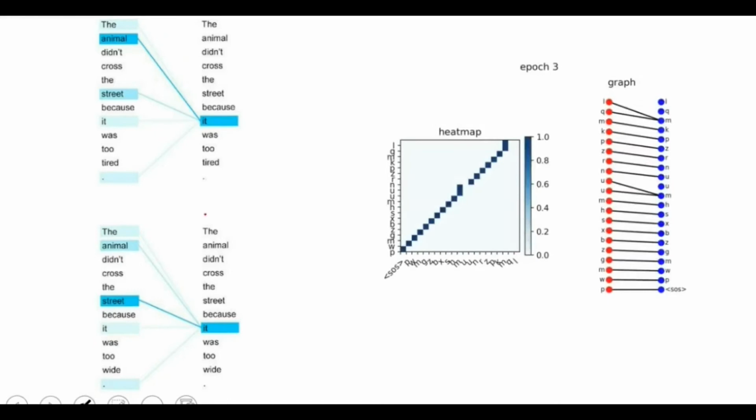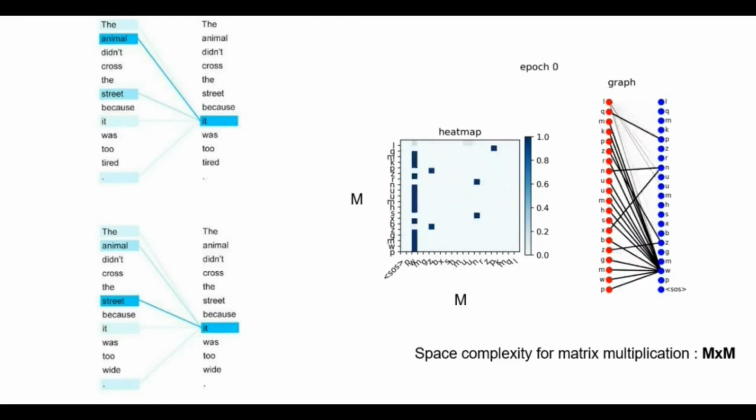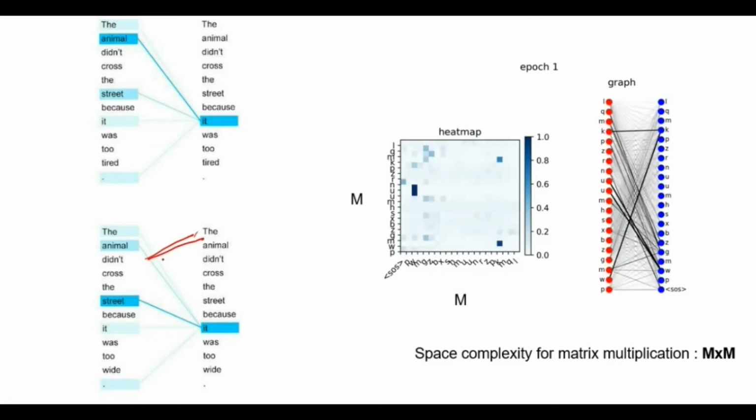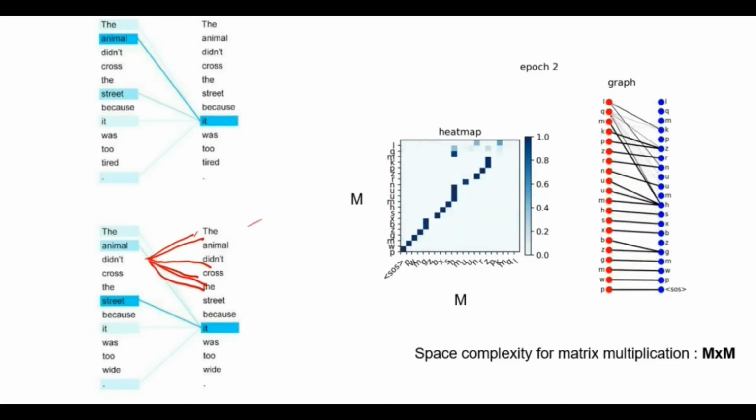Now in the attention layer, each of the elements in the input is associated with all the other words in the input. As you can see here, all the words are mapped to every other word.